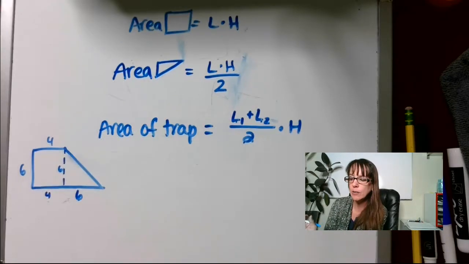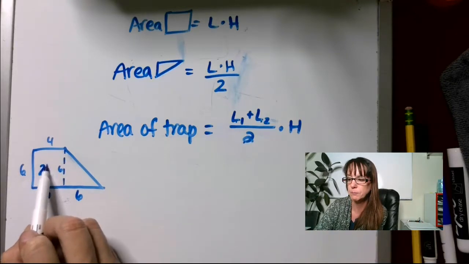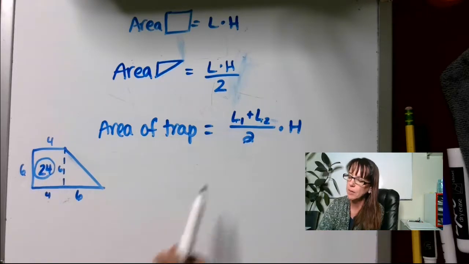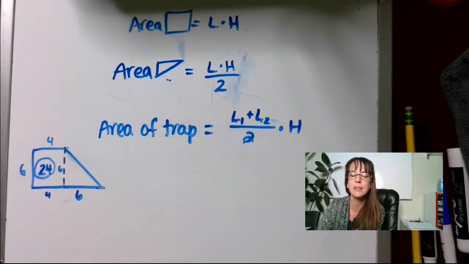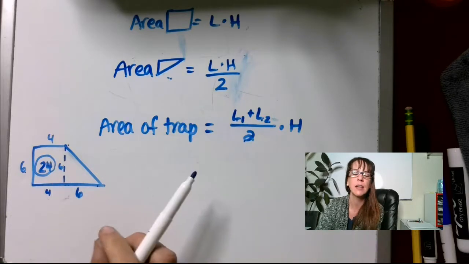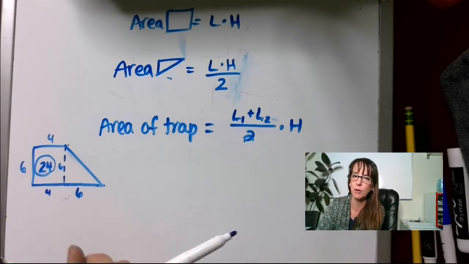So again, to find the area of a rectangle, we multiply this times this, and that gives us 24. So the area of that rectangle there is 24, right? The area of a triangle is length times height cut in half. Now, there's a trick here. You could do 6 times 6 and get 36, right? Or if you cut one of those numbers in half, you've already done the half bit.